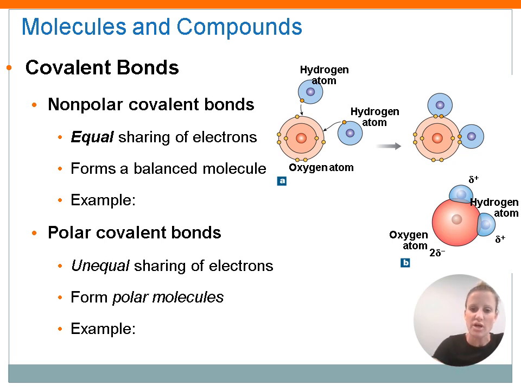So these electrons spend more time over here with the oxygen than they do with the hydrogen. So the negative charges are spending more time over here than they are over in these blue areas by hydrogen. That means that the oxygen side of the molecule is partially negative.